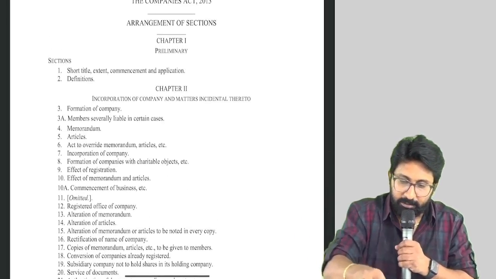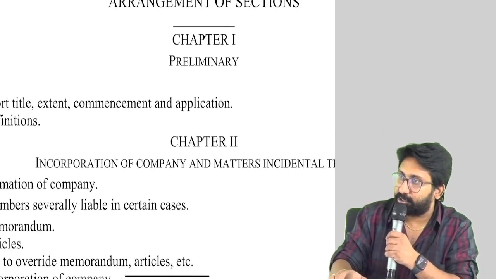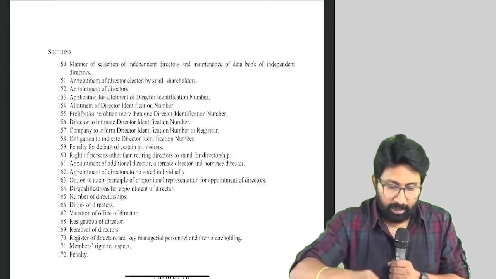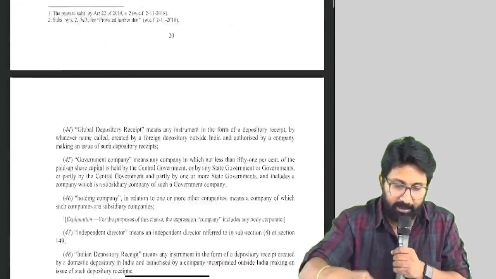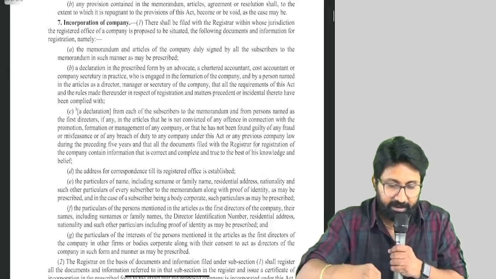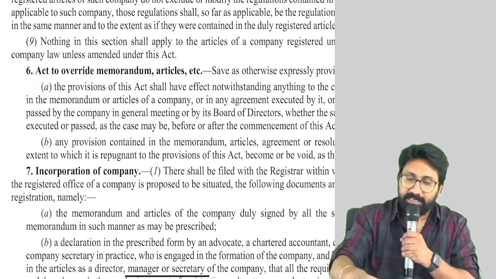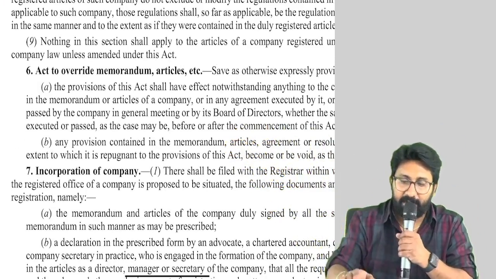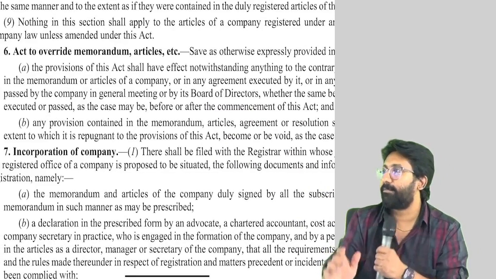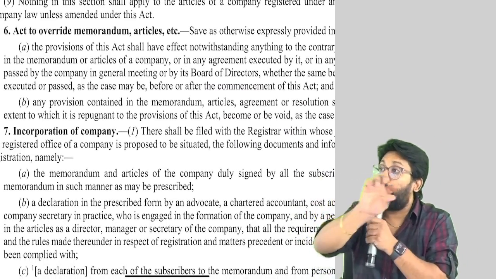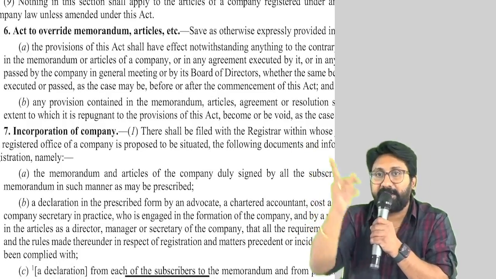See the screen once. This is called chapter names. Roughly I will show you as an example how the original section heading will be. Like this they will write. Section 6, Act to override memorandum articles, etc. That's all. It is written on the section, left side margin, right side margin.